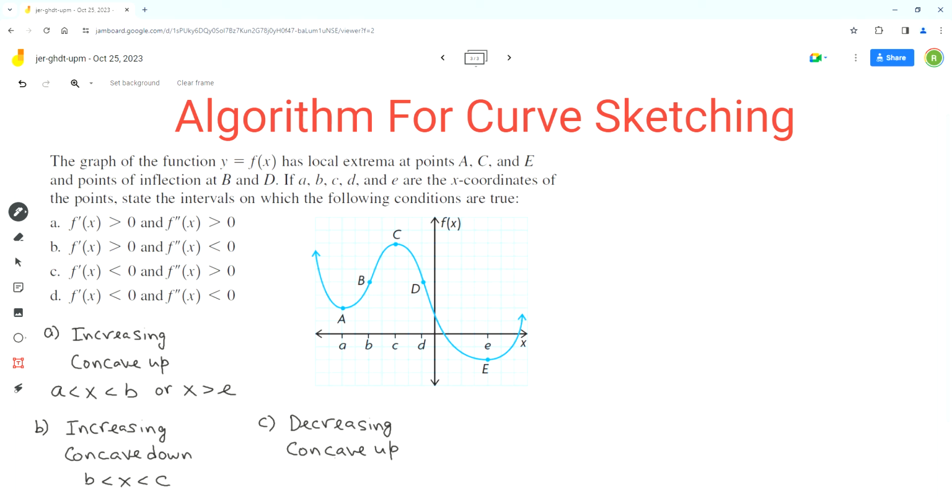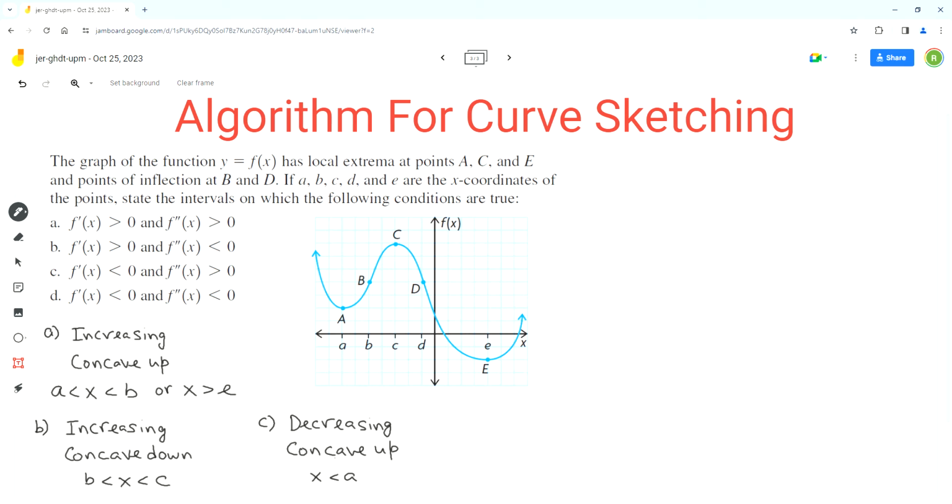Now to the left side of point A, the curve is sloping downward from left to right, and it is making a smiley face. So that's why the first interval for part C is x is less than A, because that part of the curve lies to the left side of A.